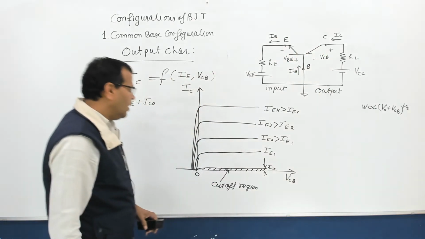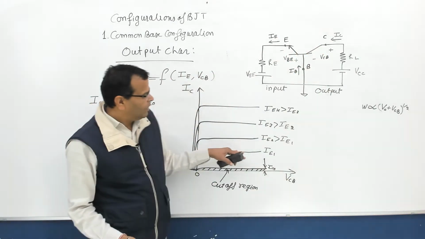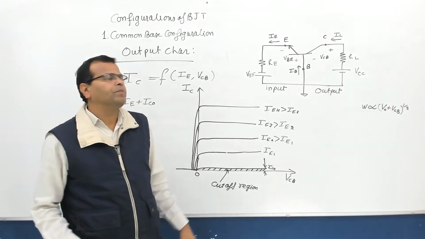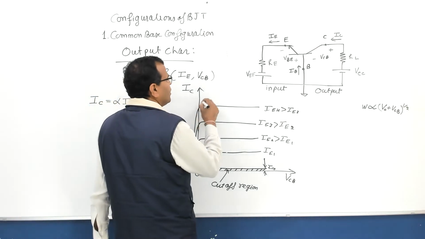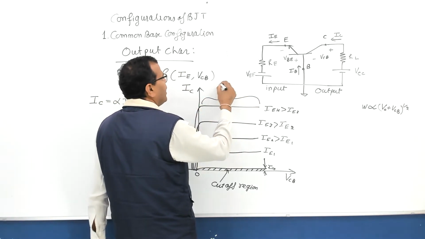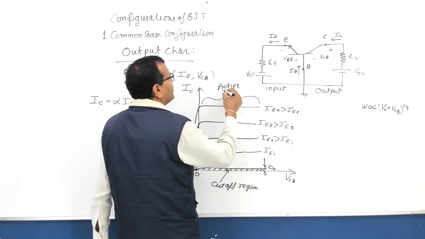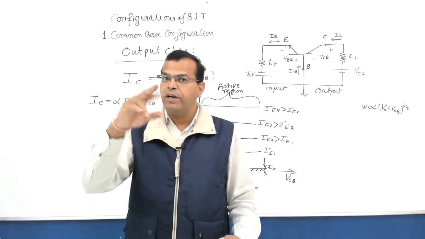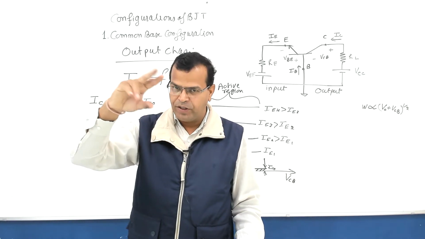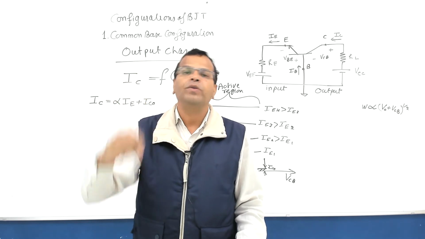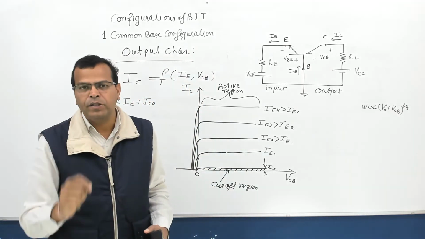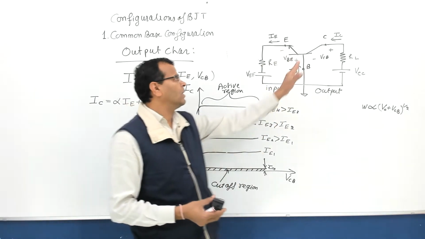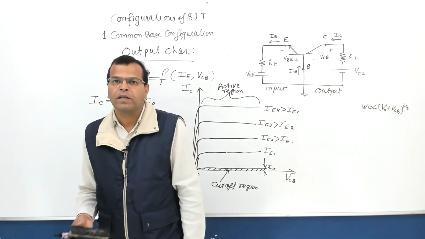Then let us talk about the second region where your collector current is increasing linearly with emitter current. This region is called the active region. Remember, when the output current increases linearly with the input current, that region of operation is called the active region. And in the active region, the emitter junction is forward biased, your collector junction is reverse biased.